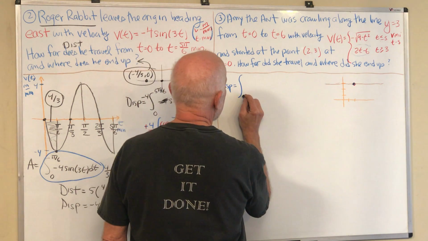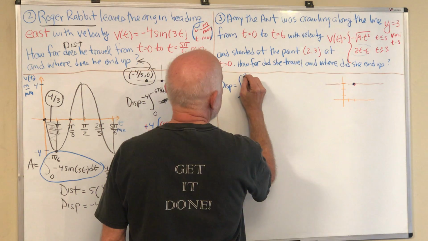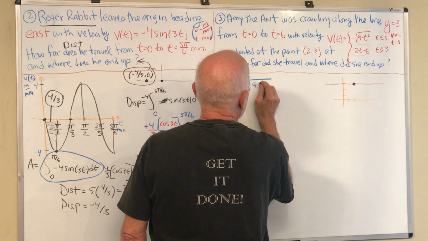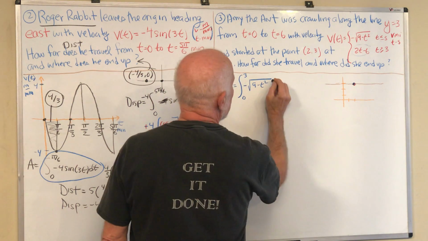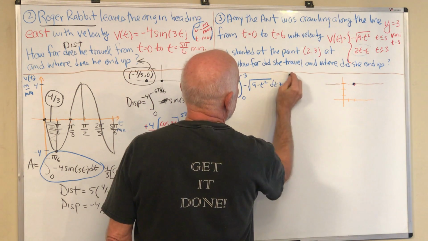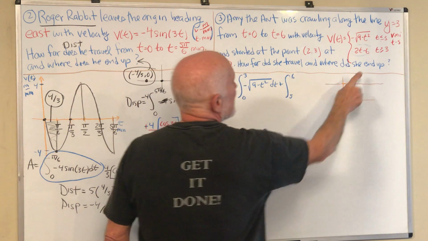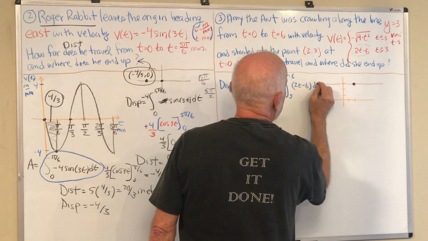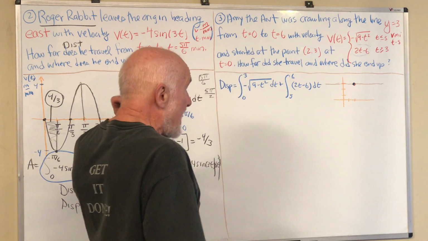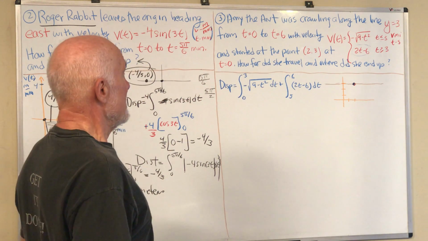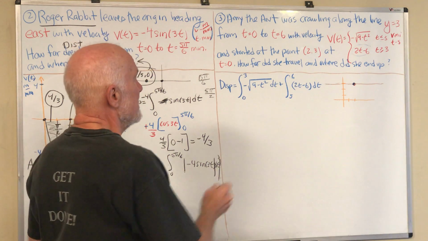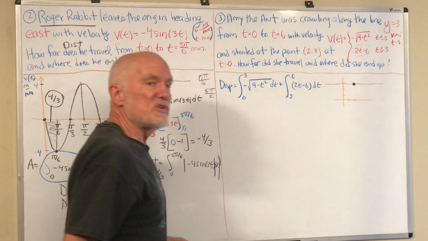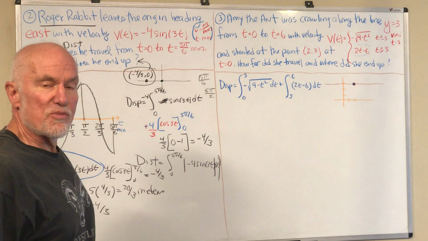But we would have to go from 0 to 3 with this velocity, and then from 3 to 6 with this other velocity. And that would give you the answer. Well, we've got a slight problem. This is pretty easy to do. This one, you don't learn how to do until you get to Calculus 2. And it's pretty tough.